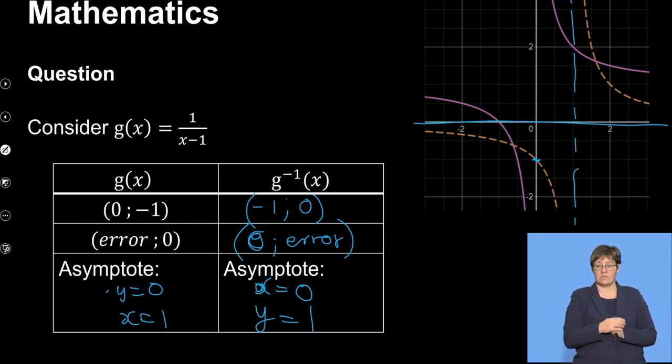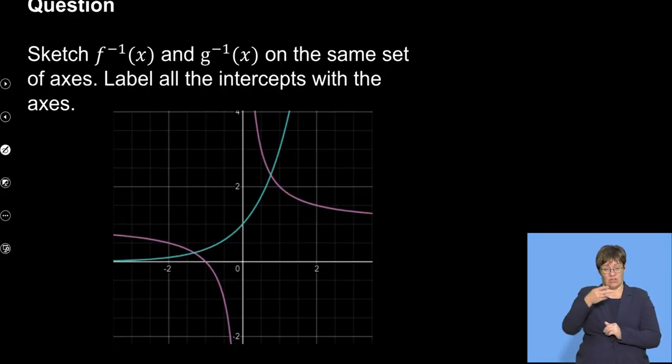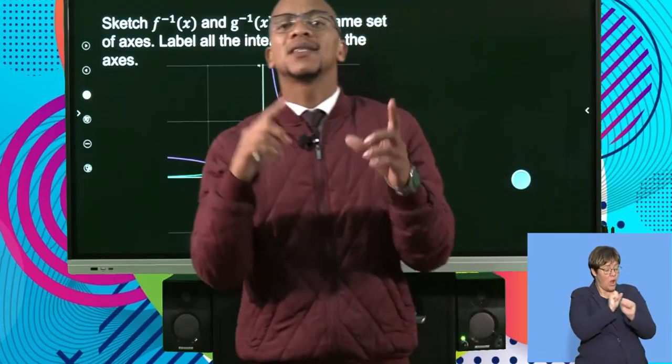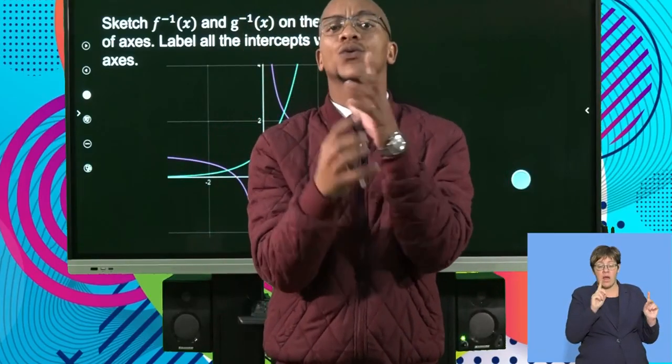So the dotted line will be the original, and then the purple one will be the inverse function. And then if you draw both of them, then this is how these two graphs are going to look. The only thing you need to make sure that you are aware of is how to switch the things around so that it makes sense on what exactly you need to do.